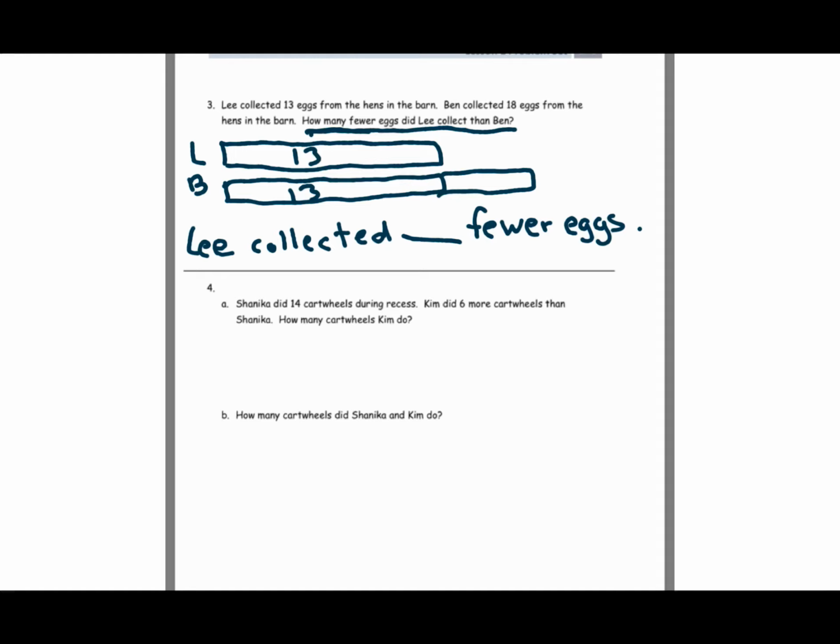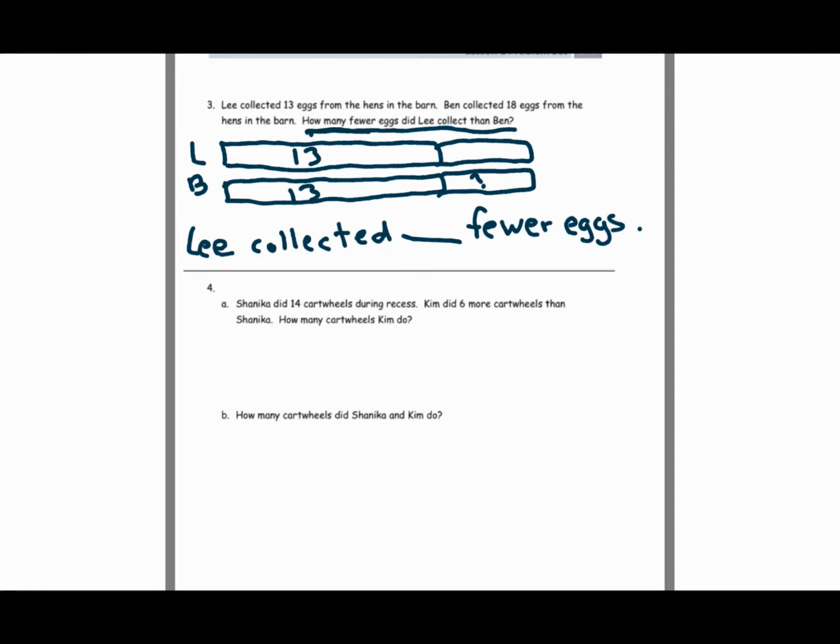And I want to find out how many more does Ben have than Lee? How many fewer did Lee collect? What does Lee need to catch up to Ben? Okay, let's see what number sentences we can write, boys and girls.